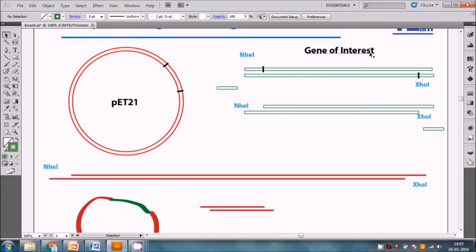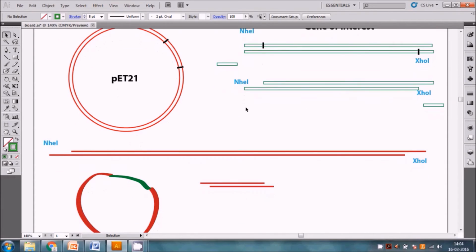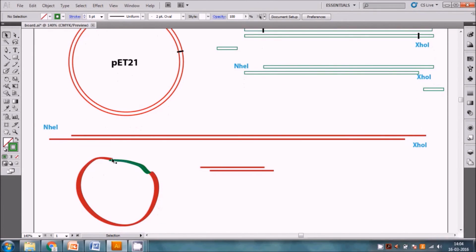And the same, you will also digest the gene of interest with NDE1 and XHO1, and after cutting, the fodder part will be removed, and you will again have the sticky end with the flanking region of NDE1 and XHO1. Then you will mix this with this, and how it will form, I have explained here.